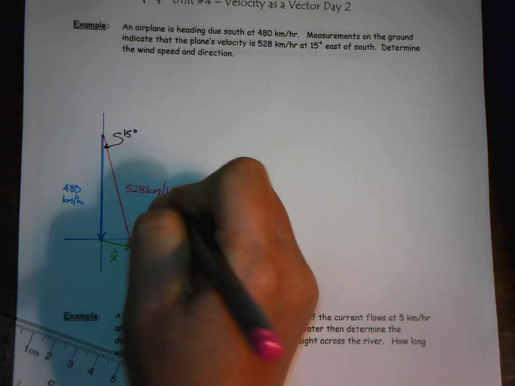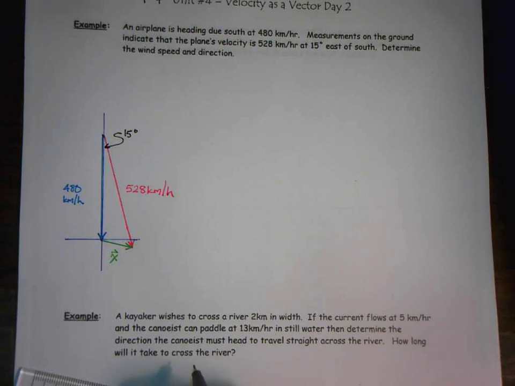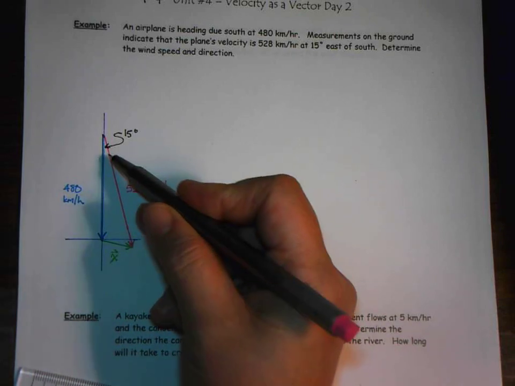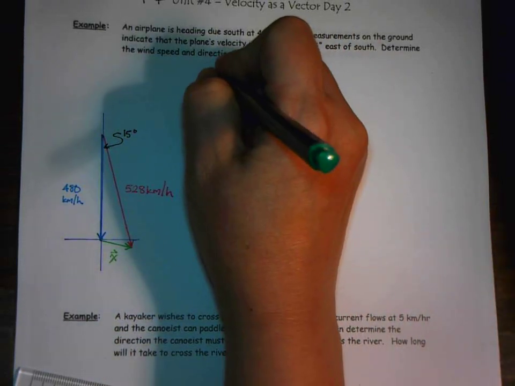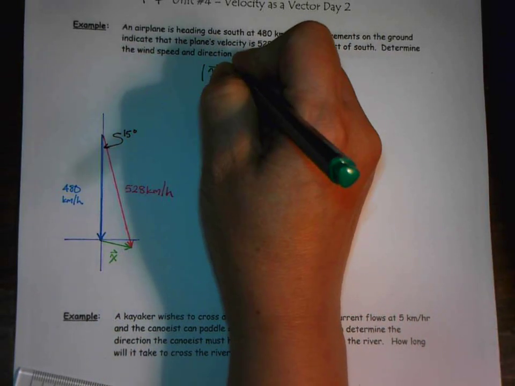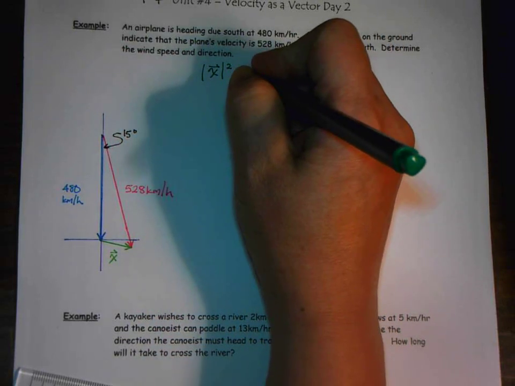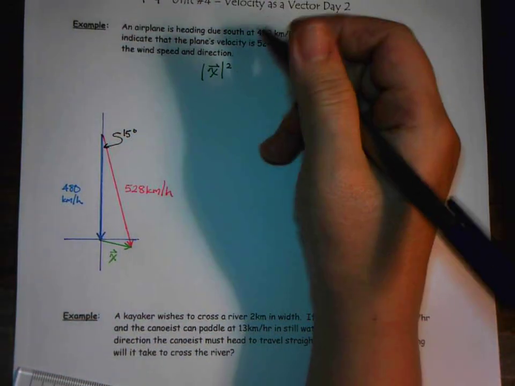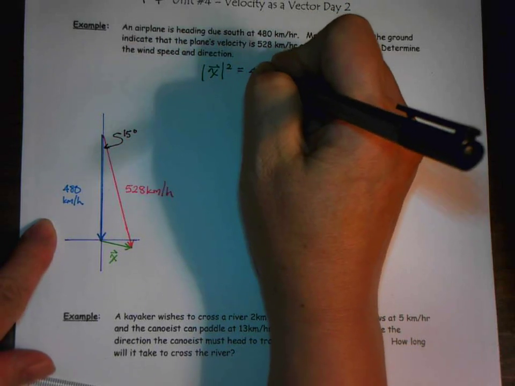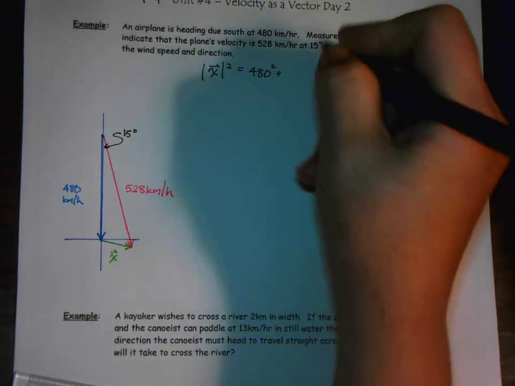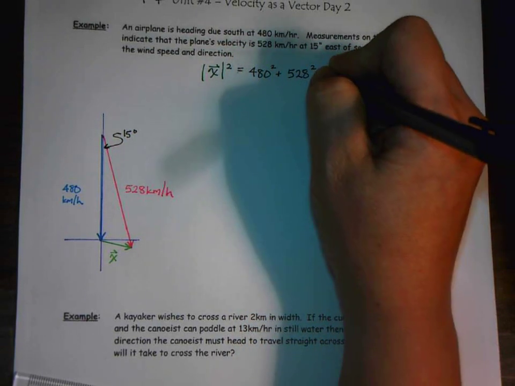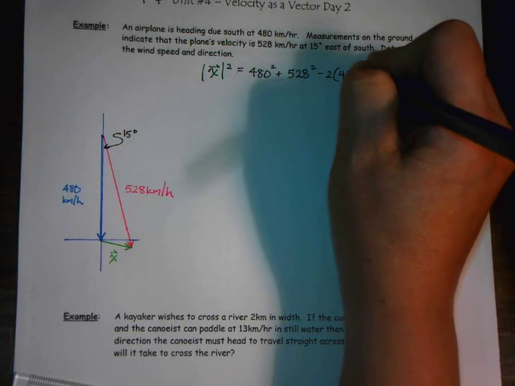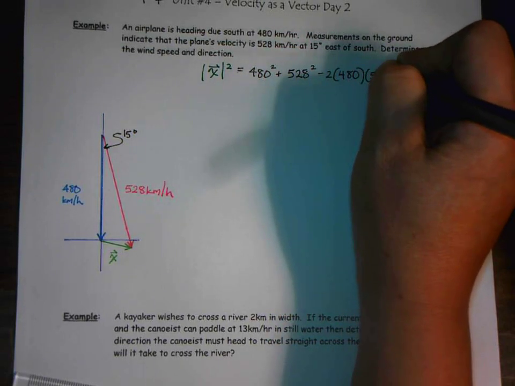And we could use the cosine law to solve this since we have this angle up here. So the magnitude of x squared is equal to 480 squared plus 528 squared minus 2 times 480 times 528 times the cosine of 15 degrees.